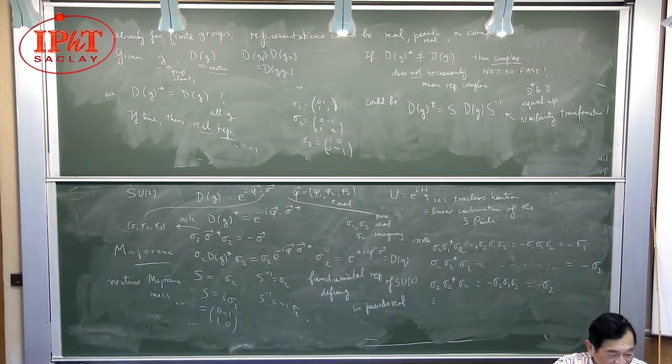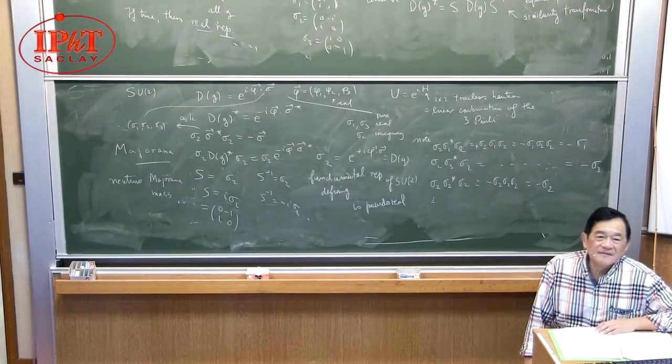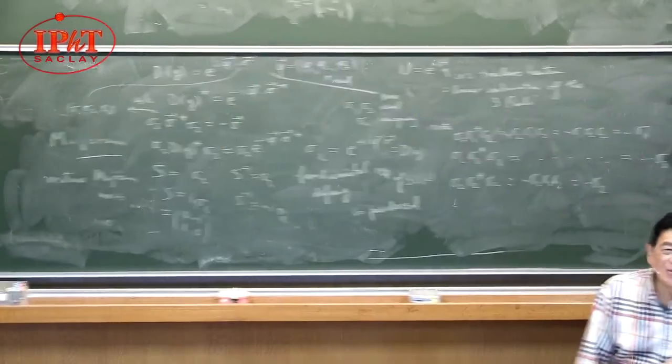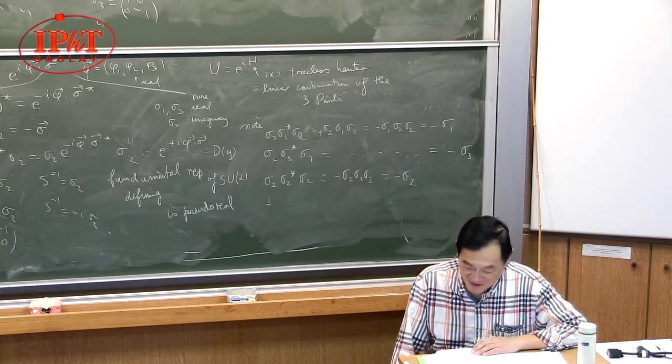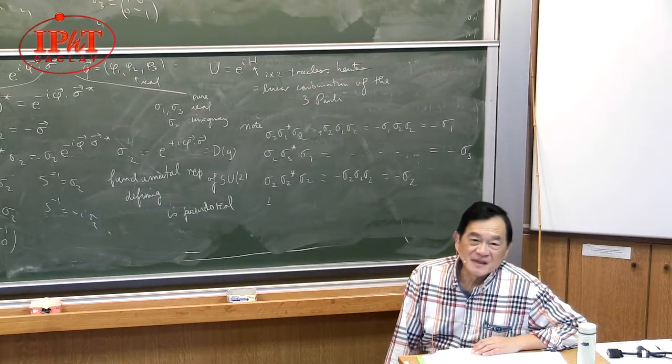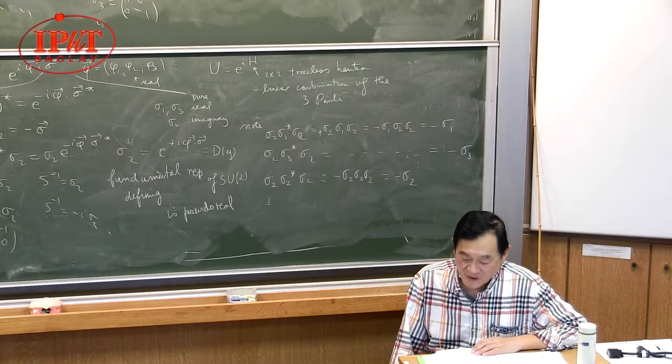Now, here I can tell you another little story. When Pauli wrote down the Pauli matrices in 1927, actually Jordan told Pauli that Cayley, whom you maybe have heard of, who worked on matrices in the 19th century, had written down the matrix representation of quaternions.